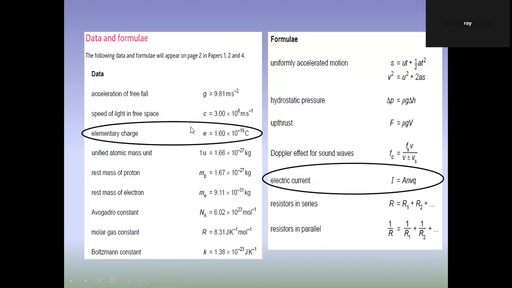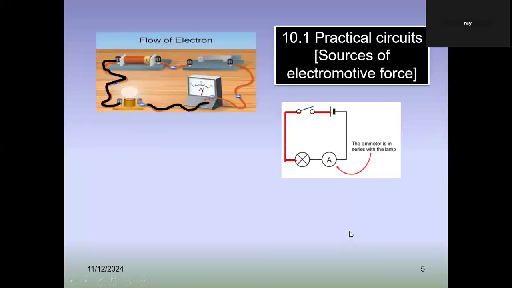Always go to your data and formula, see what is given. Like the elementary charge, e, is given. For electric current, the formulas I = Q/t and I = nAvq are given.